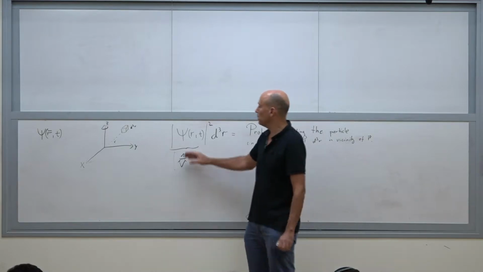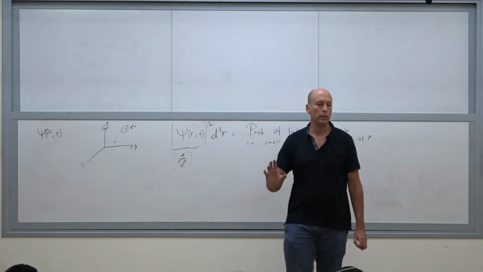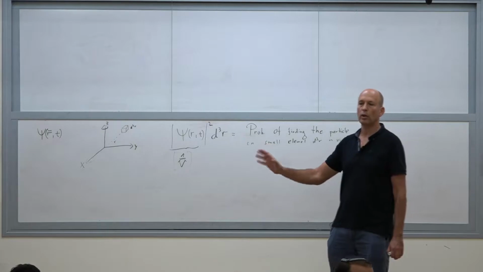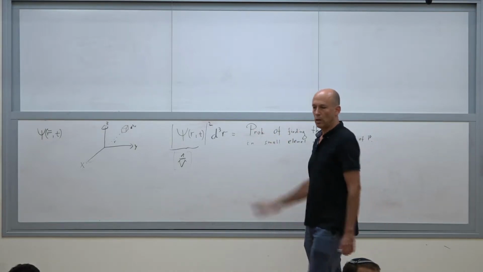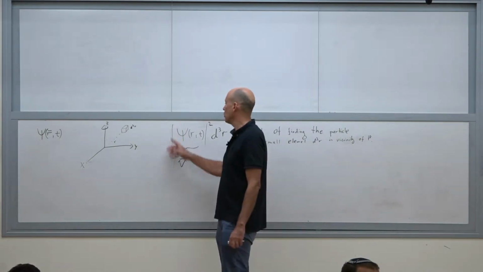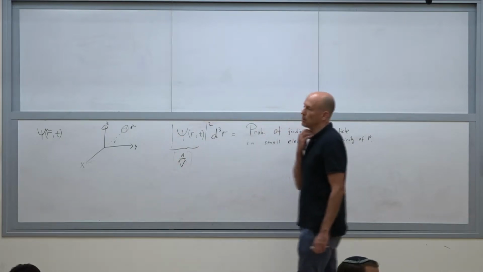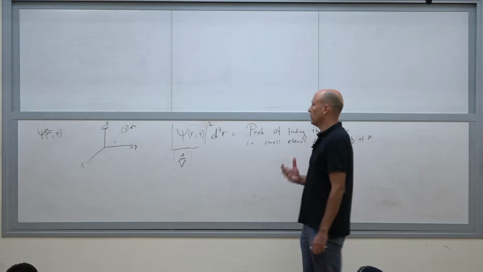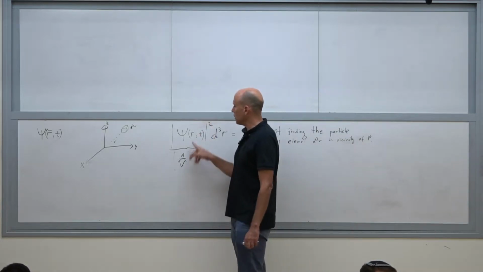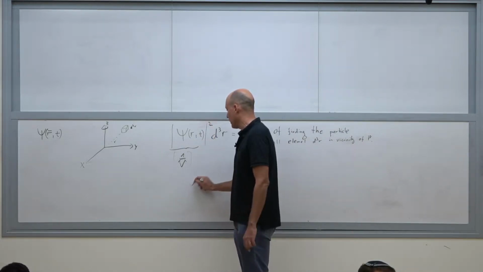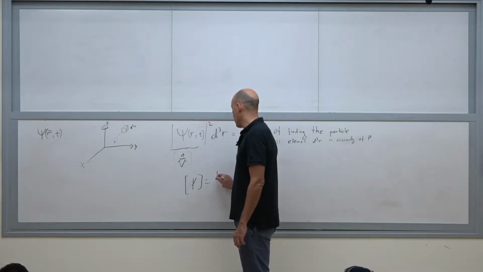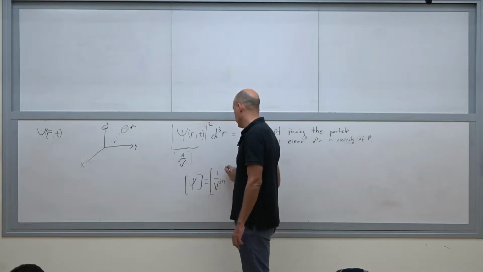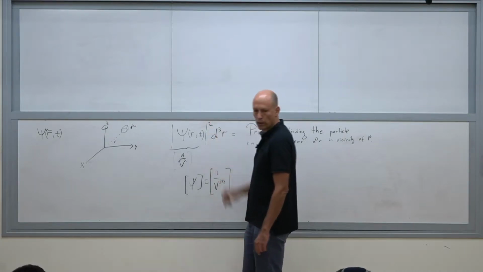So it's 1 over meter to the power 3. Why is it 3? Because I'm working in dimension 3. If I were working in 1 dimension, the units of this wave function would be different. If this is the square of this, then of course the wave function itself, in this example, has units of 1 over meter to the power 3 over 2, because here I have this square.